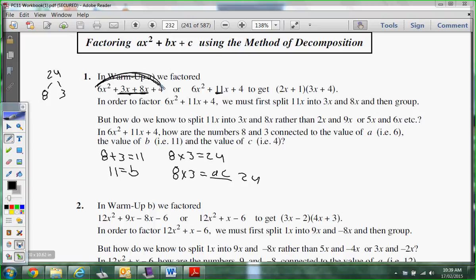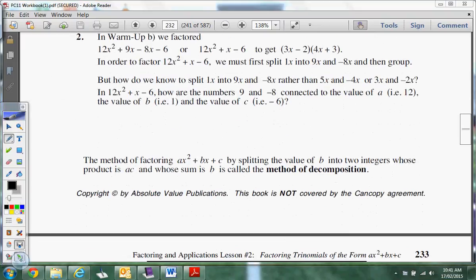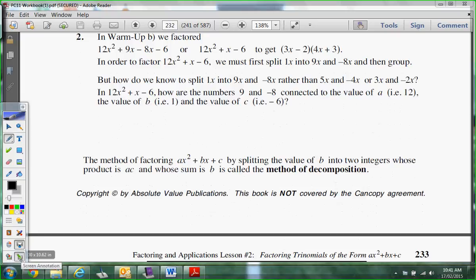Okay, we're talking about the same thing for example 2 here. So 9 plus a negative 8 is 1. 9 plus negative 8 essentially equals what b is, because b is 1.